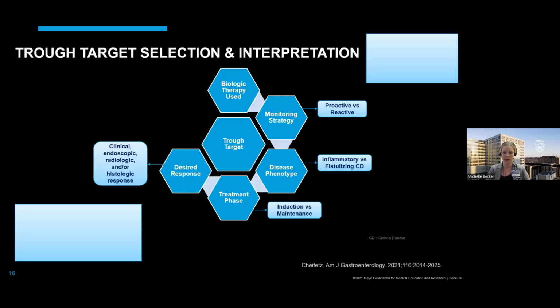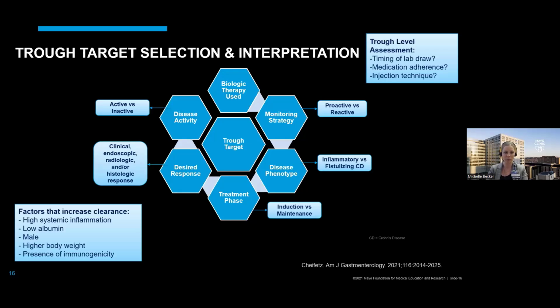The desired response is also important, thinking about those treatment goals, that less stringent, more clinical response versus more stringent, really what we're aiming for now after STRIDE-2, endoscopic remission and really true healing of the gut. And then the disease activity, if someone's already in remission without active inflammation versus if we're trying to induce remission, that can impact trough selection clinically.